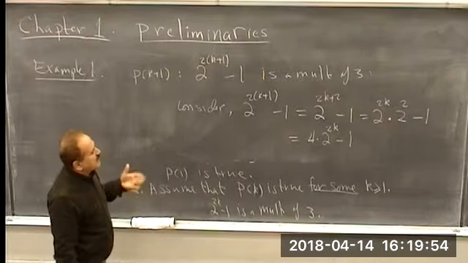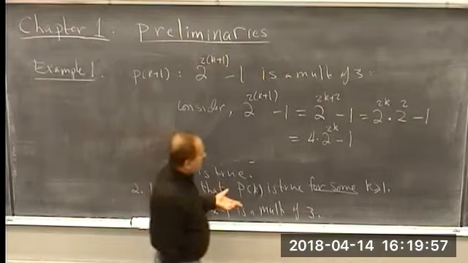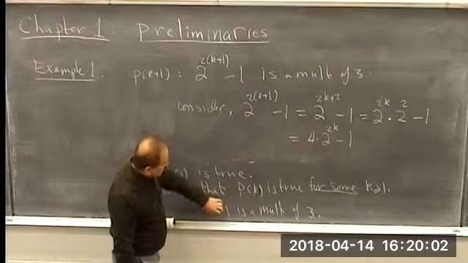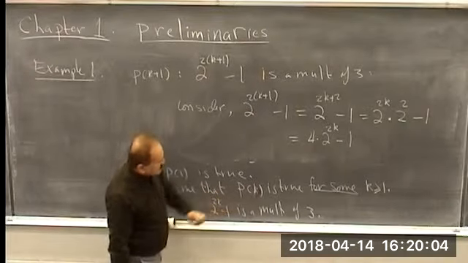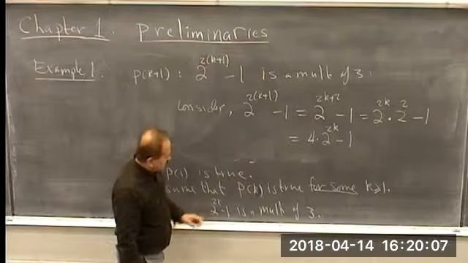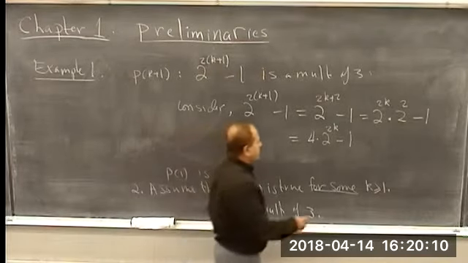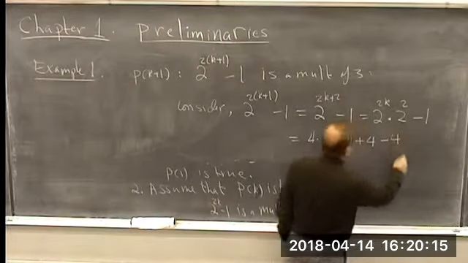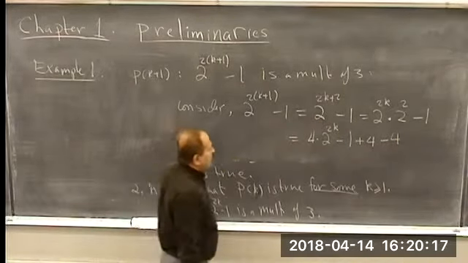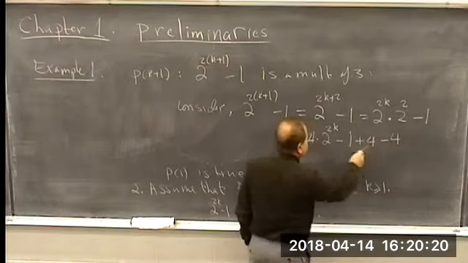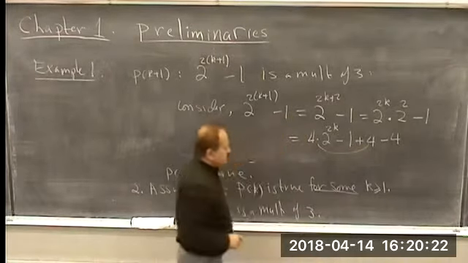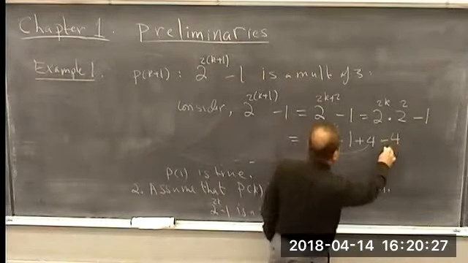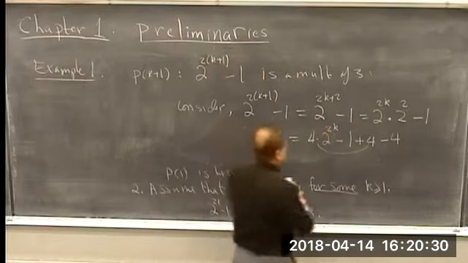Now, the next thing we would like to do is come up with this 2 to the 2k minus 1 by itself, and then we can use that this is a multiple of 3. So we're going to do a trick in here. We're going to add the 4 and then subtract the 4. The 4 I'm adding, I'm going to take with the first term, and then let me take the negative 4.